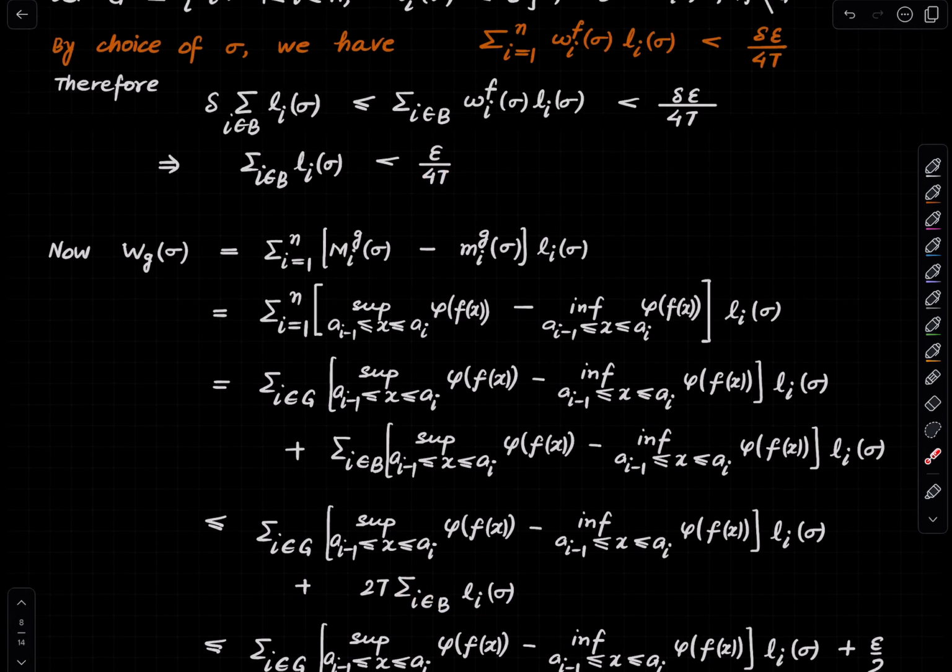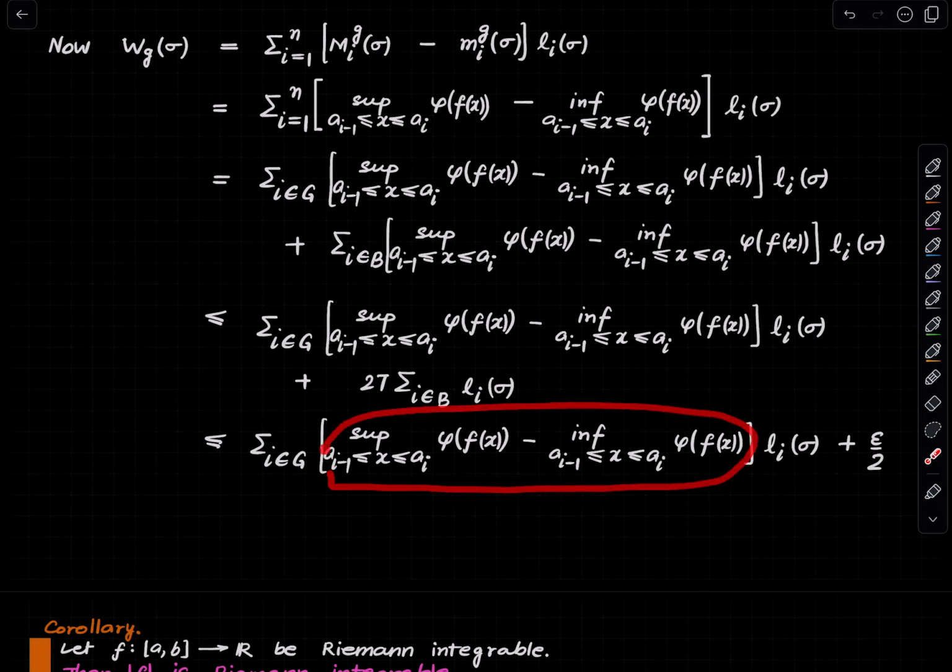Okay, so we have that. And what about bounding this? Well, we are running over only the good parts. So on the good parts, the oscillation of f is not much. The oscillation of f is at most delta.